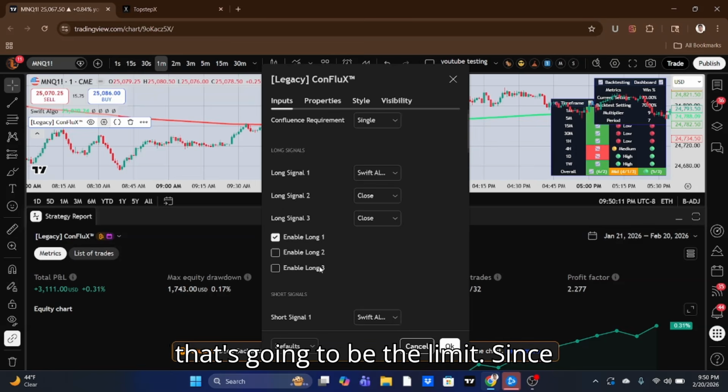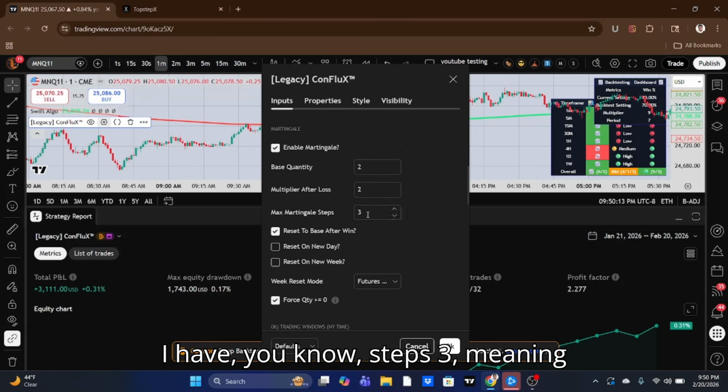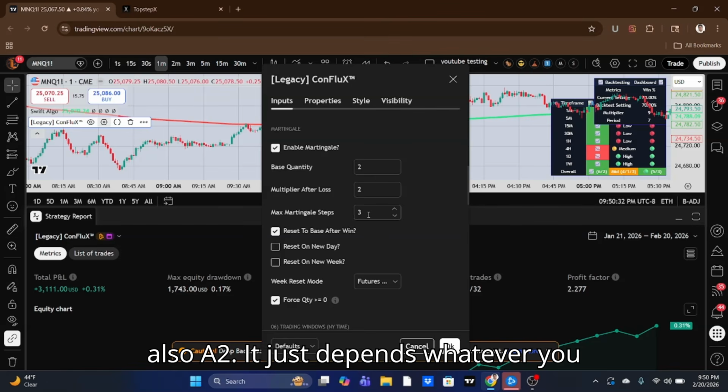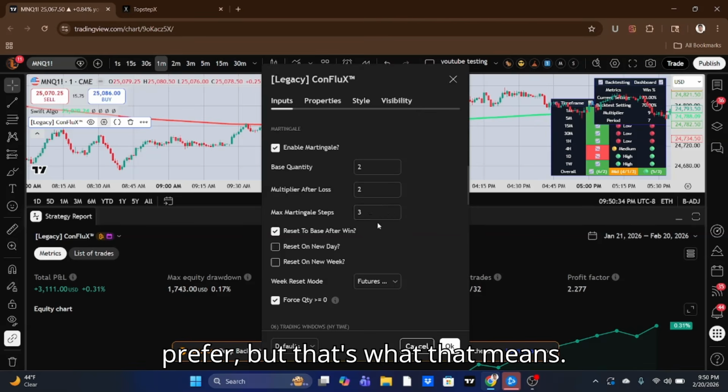Since I have steps at 3, meaning 4, 8, 16, then obviously if you do 4, it's going to take 16 times 2, I think that's 32. Then 5, obviously it's going to take 32 multiplied by 2. So I prefer probably 3, or you can do also a 2. It just depends whatever you prefer. But that's what that means.